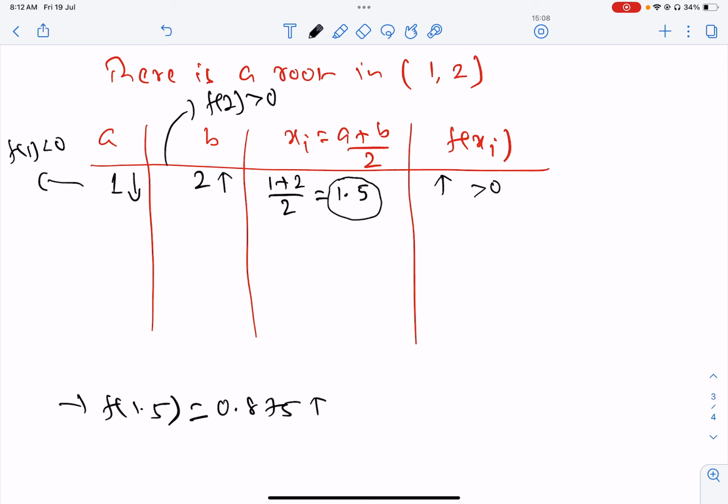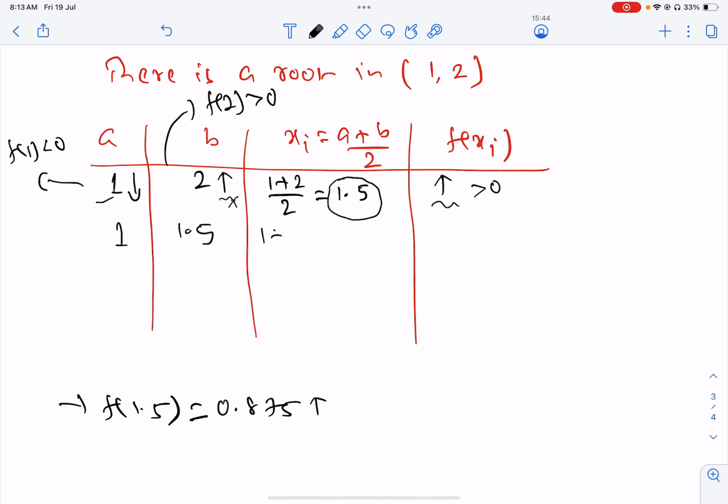What is the other thing? Either 1 or 2. F of 1.5 is positive and F1 is negative. So now the root lies between 1 and 1.5. Root lies between negative and positive, or positive and negative. So here this is also positive, so we don't need to take this. This is negative. So root lies between 1 and 1.5.